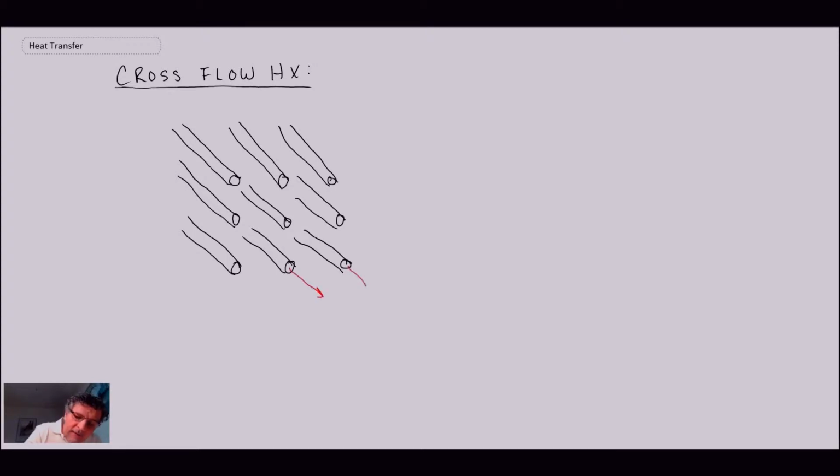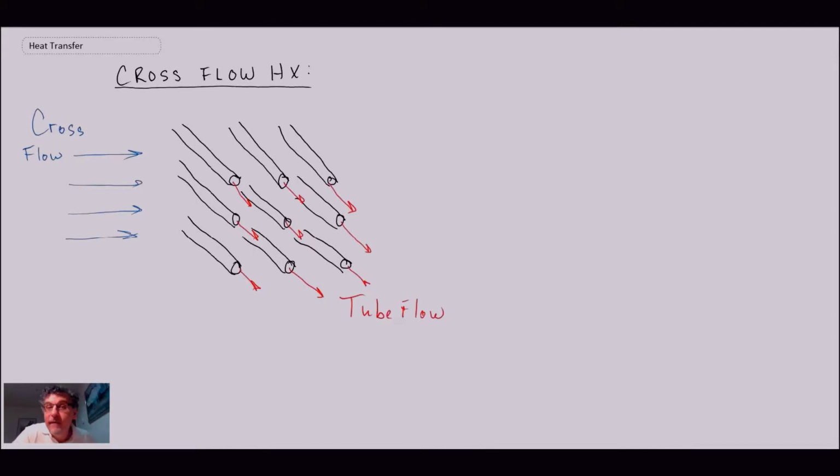And out of each of these tubes, we would have flow coming out. And then going perpendicular to that, or near perpendicular, we would have a cross flow. And for this particular type of construction, you can have fins or no fins on your tube bundle.